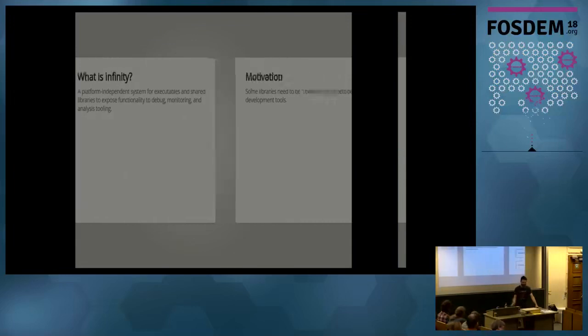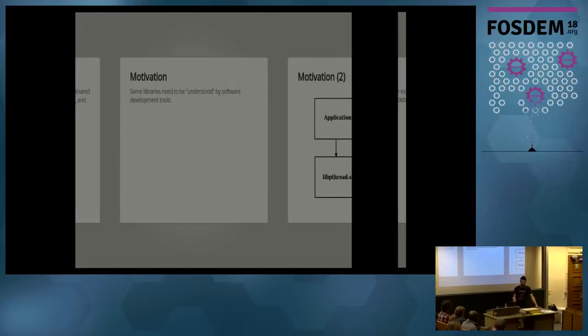Why do we need it? Some aspects of some applications need to be understood by the tooling you're using. For example, you may be working on an application that's using multiple threads, and on your platform the threading functionality is provided by libpthread.so, the threading library.